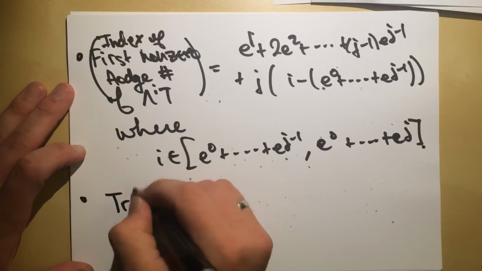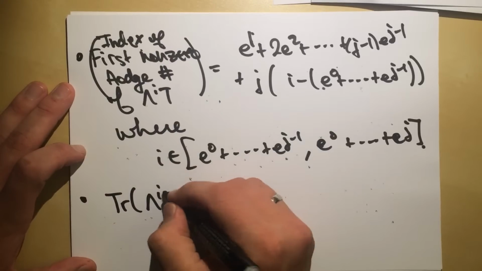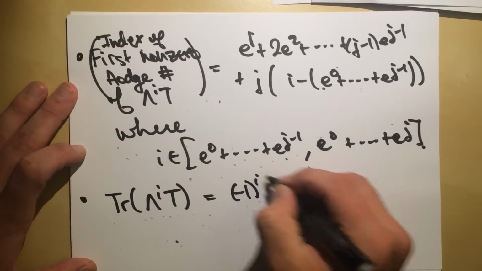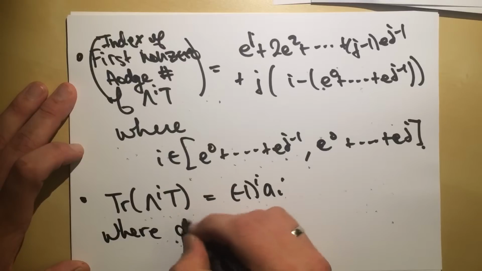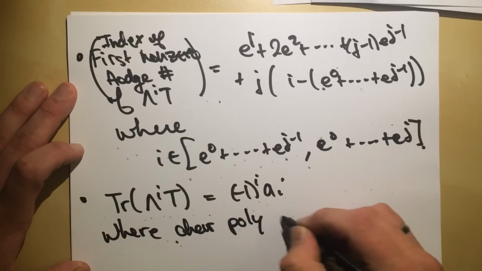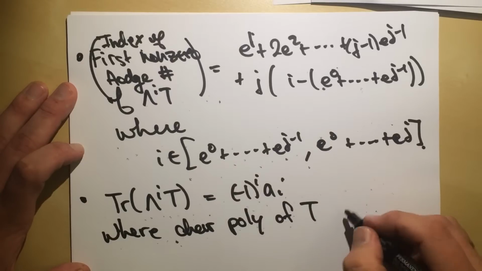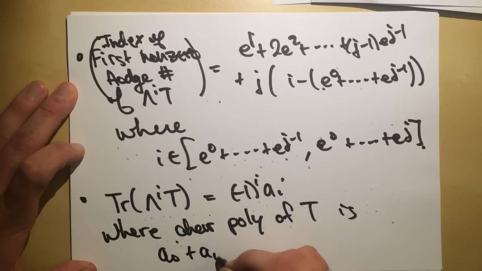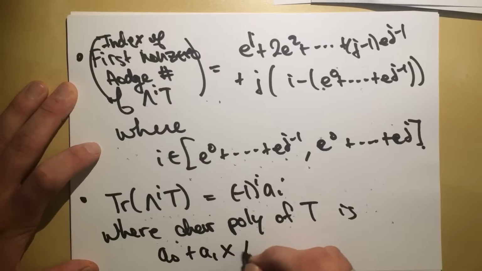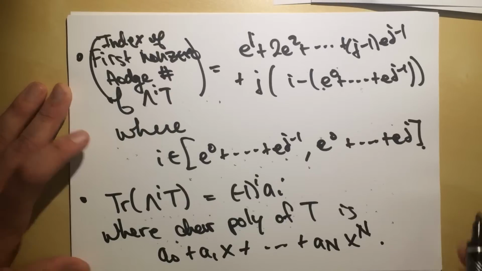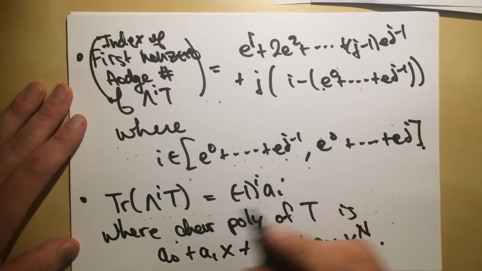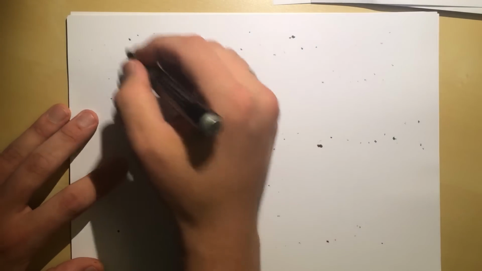So I'm going to make a claim: the trace of lambda I of t is equal to (-1)^I times a_i, where the characteristic polynomial of t is equal to a0 plus a1 x plus ... plus an x to the n. So this is the characteristic polynomial of this. Let me explain why this is true. This just comes from this description.